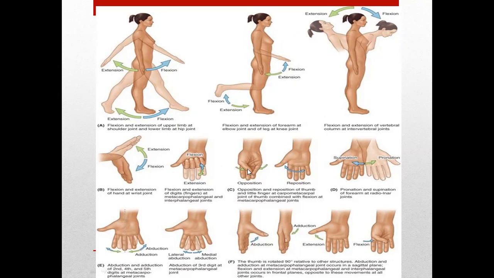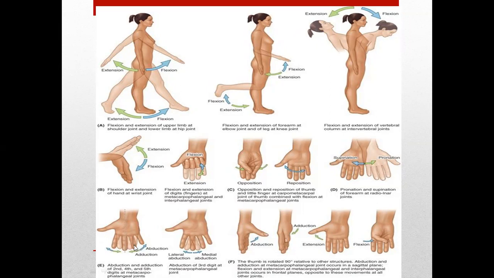Okay. When we count the fingers, that is called opposition of the thumb. And this is the reposition of the fingers. Supination and pronation, abduction, adduction.